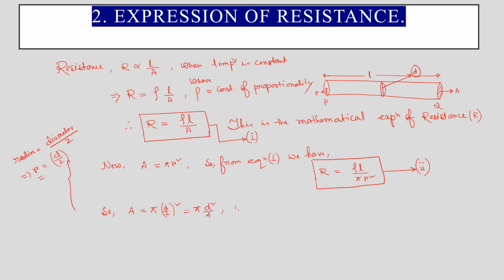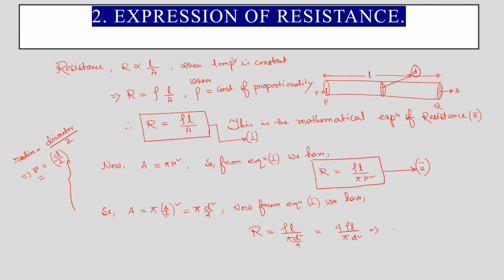Now from equation 1 we have R equal to rho L by pi D square by 4, and then 4 rho L by pi D square.